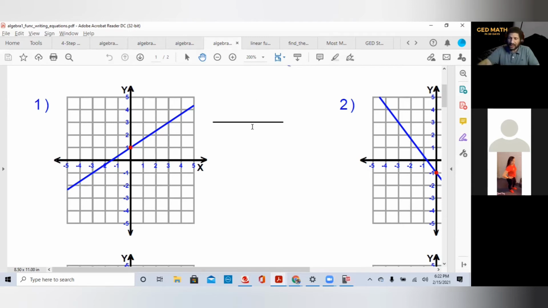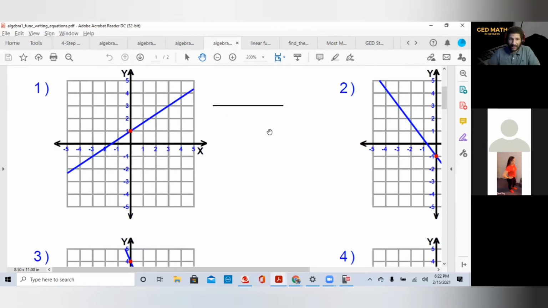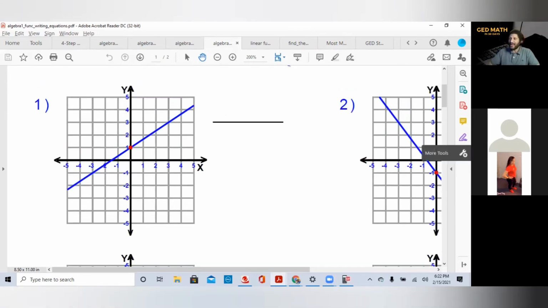Okay, so what would the y-intercept be for this line for number 1? The y-intercept is +1.